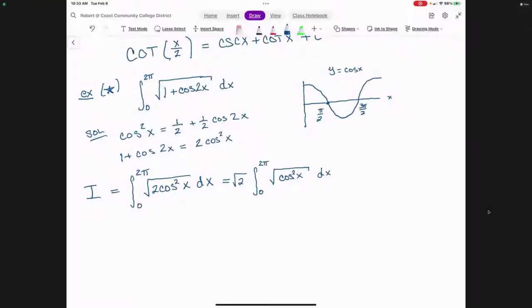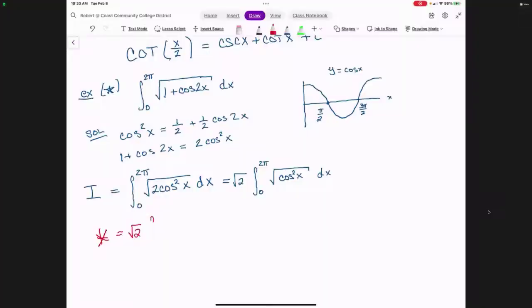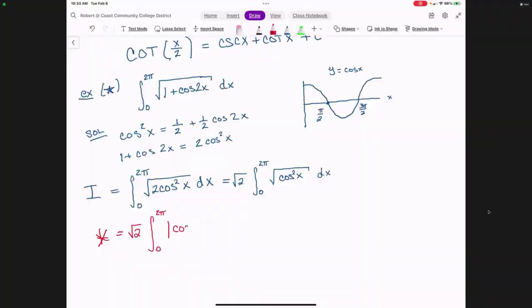All right, so here's the interesting part of this problem. The square root of something squared is the absolute value of the thing that's being squared.